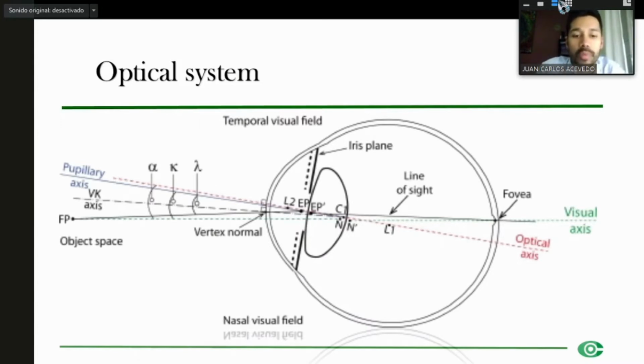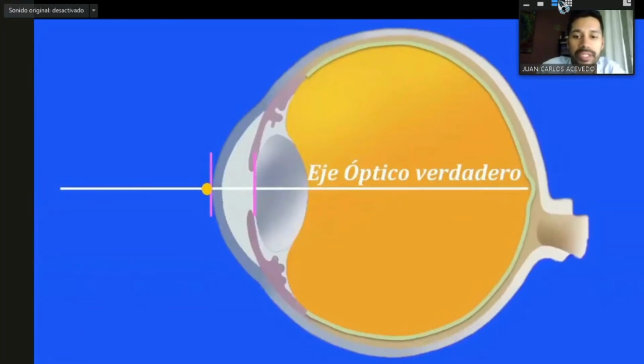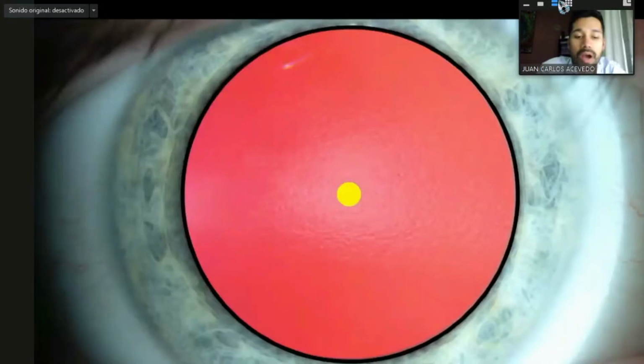The true optical axis is defined as an imaginary line through the center of the cornea, the center of the pupil, the lens, the rotational axis, and the fovea. All the images formed would be centered perpendicular to each other.